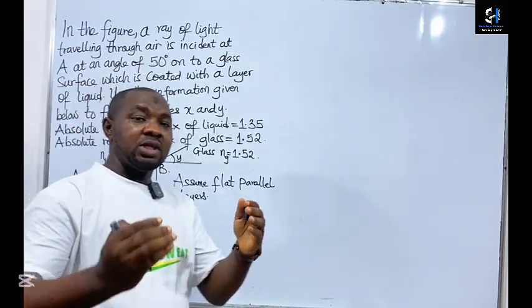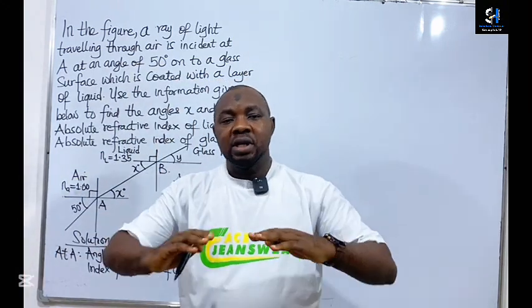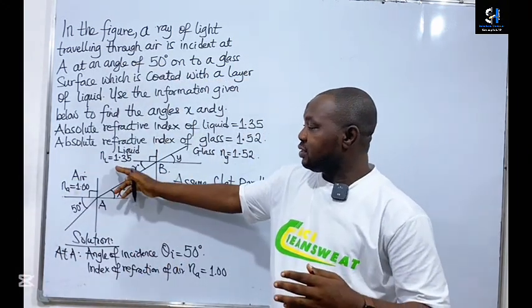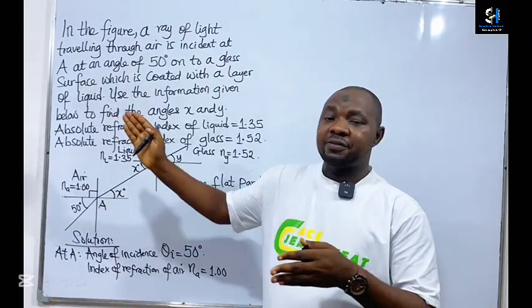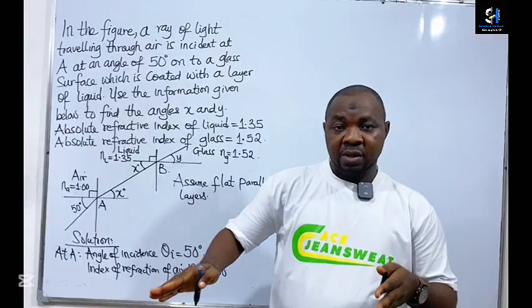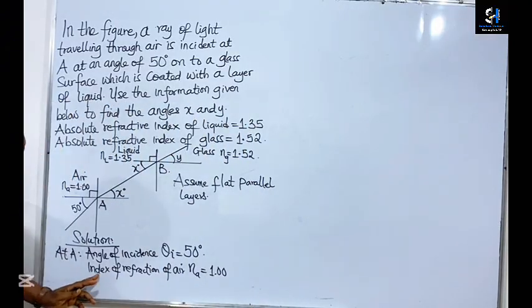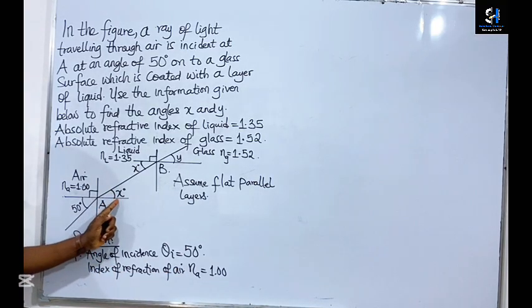That is because the second medium has higher optical density, that is, the refractive index of the second medium is higher than that of the first medium from which the light came. So we have the index of refraction of air here. This is liquid, and this is the angle of refraction in liquid.